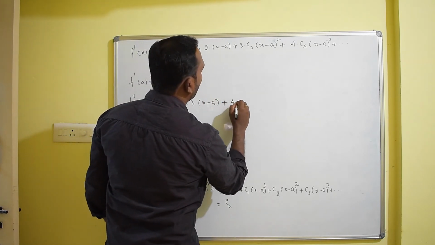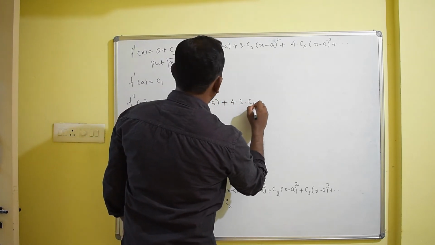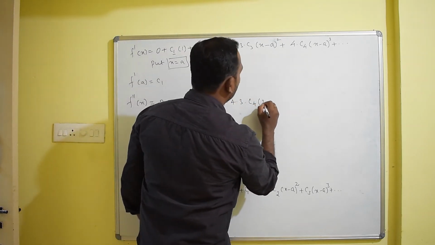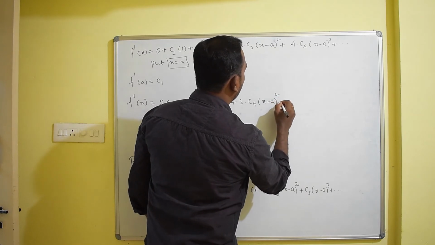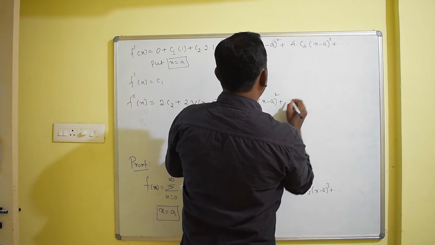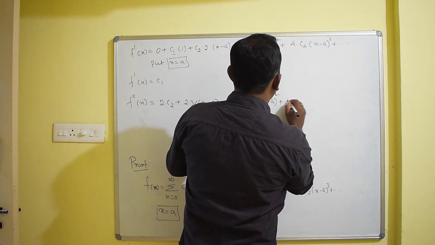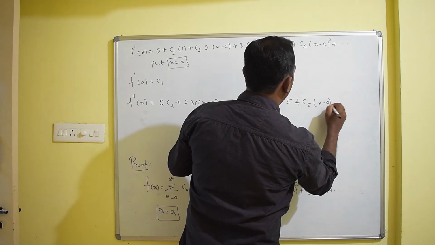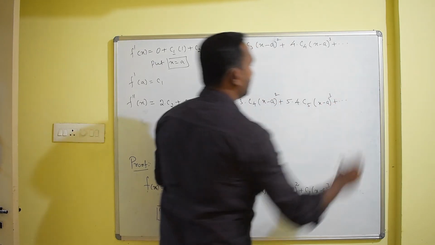Similarly, 4 into 3 c4 (x minus a) whole square, then the next term obviously will become 5 into 4 c5 into (x minus a) whole power 3. So this is the next term.